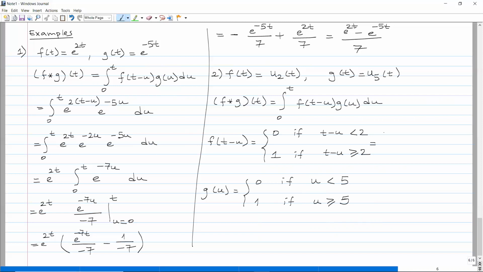So I can rewrite f as 0 if u is greater than t minus 2, and 1 if u is less than or equal to t minus 2. Okay, so when either f or g is 0, the integral is going to be 0. So we need to find the interval when both f and g are equal to 1. Of course, that depends on the value of t.